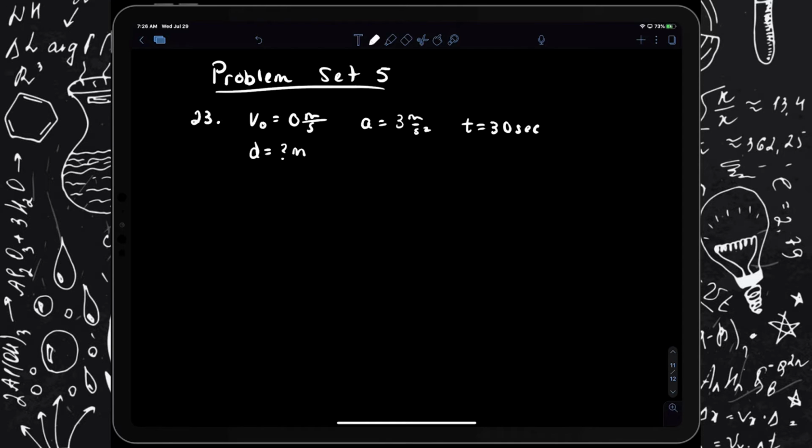So we have our formulas right now. You have distance over time is average velocity, and that's the equivalent to this formula right here.